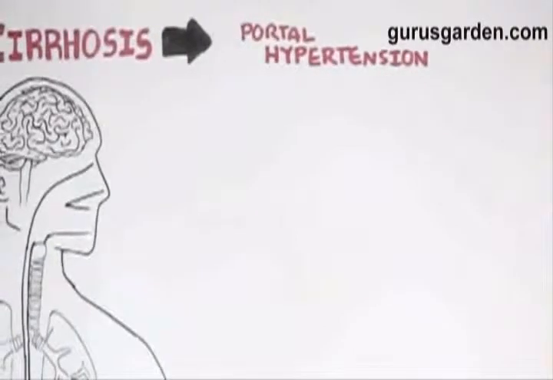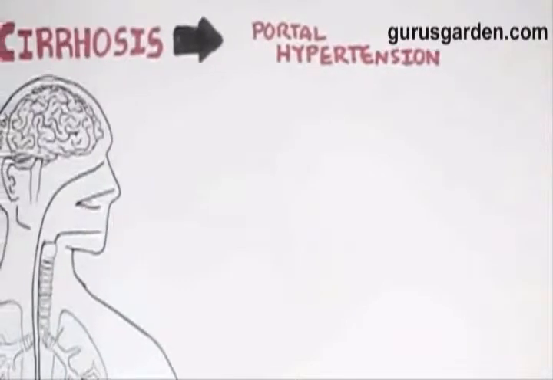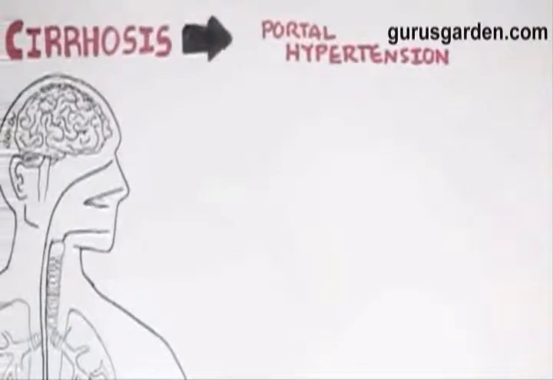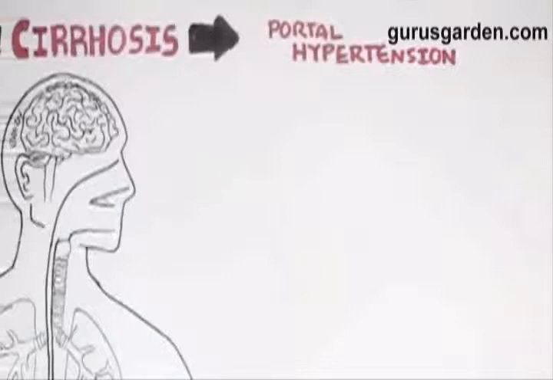The spleen normally removes older red blood cells and white blood cells and platelets. So a blocked blood flow from the spleen to the liver will cause accumulation of cells in the spleen. And this will cause the enlargement of the spleen, also known as splenomegaly.